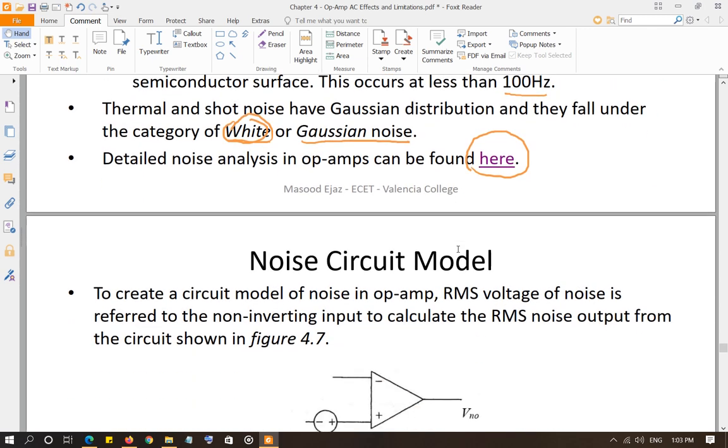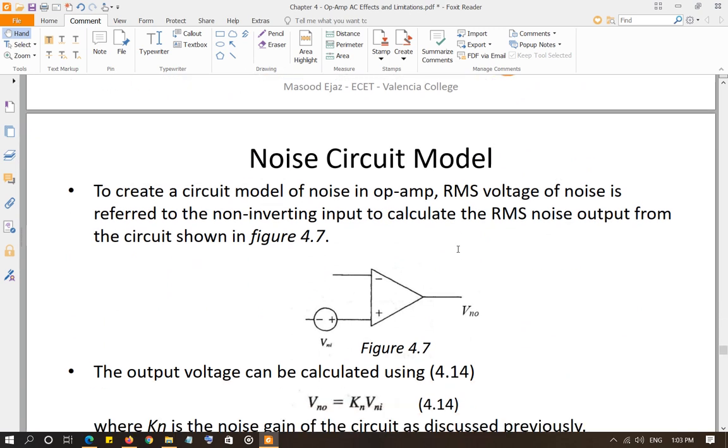Just to create the circuit model of the noise, the RMS value of all types of noise is expressed as voltage and is referred to the non-inverting input of the circuit. So this is the RMS value of the noise referred to the input. And then what is the output noise voltage due to this input?